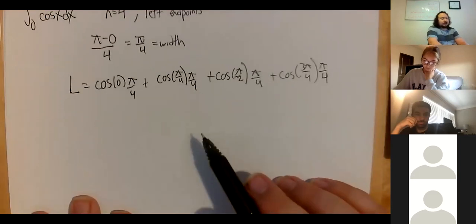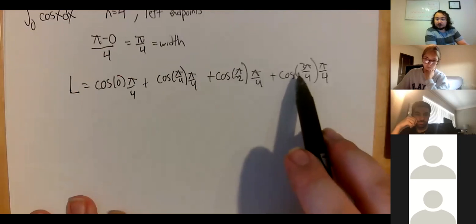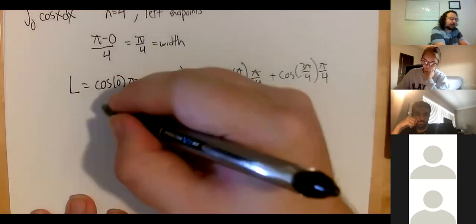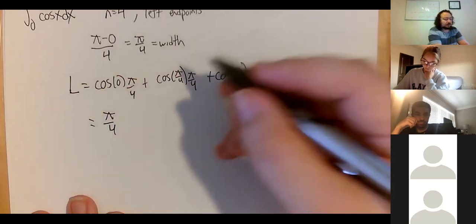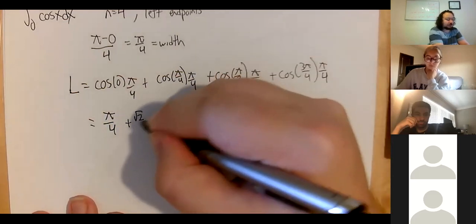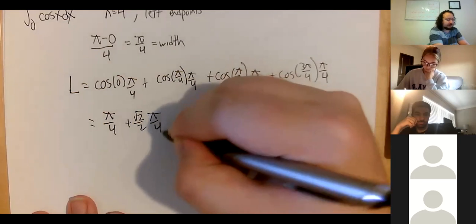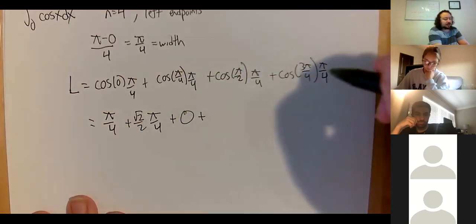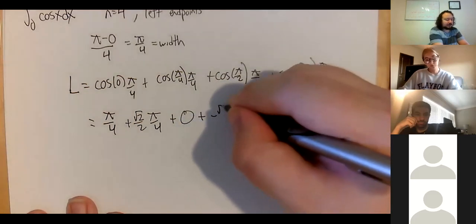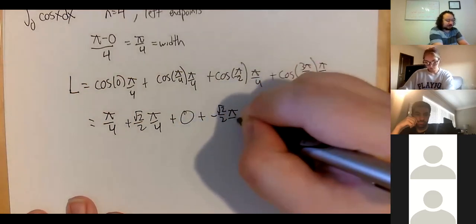All right, now we know what each of these is on the unit circle, so let's go ahead and compute that. Cosine of 0 is 1, so pi over 4. Cosine of pi over 4 is root 2 over 2. Cosine of pi over 2 is 0. And cosine of 3 pi over 4 is negative root 2 over 2.